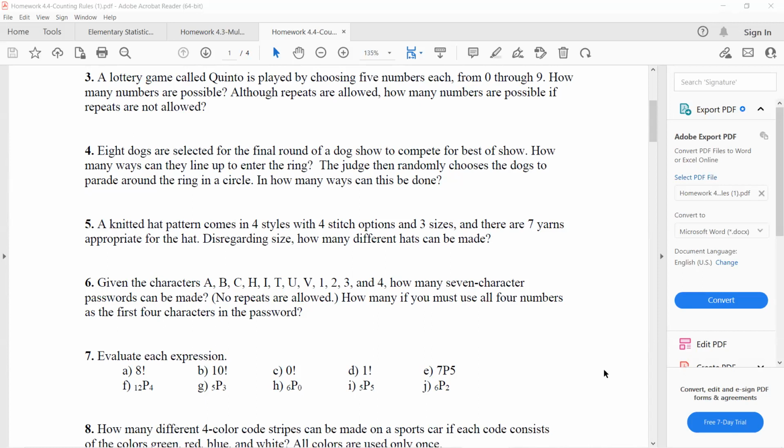There shouldn't be decimals in these answers because we're looking at how many ways we can do something. Okay, so that was the trick with number 5.